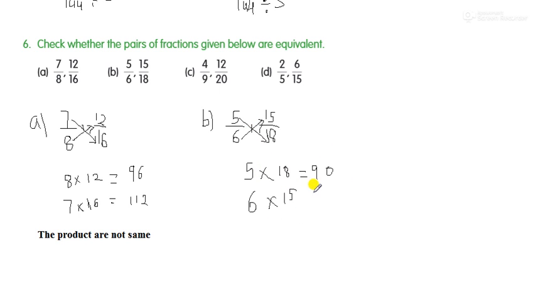It's 90. Again 15 into 6 is 90. So both are 90, 90. The products are the same. So it is an equivalent fraction.